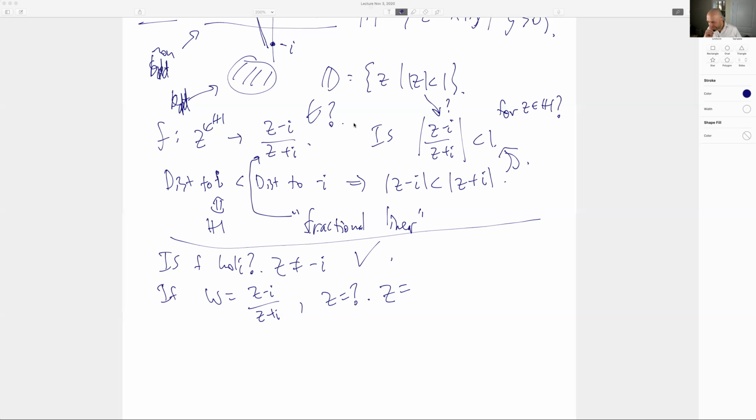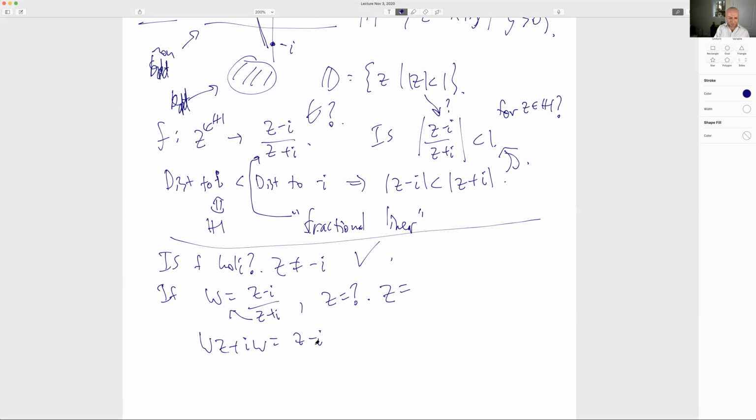Okay, perfect. Let me try to derive it in a slightly different way so that we see some other things. There are many ways of writing this inverse function. Let's just do it all together. It takes 10 seconds. wz plus iw is z minus i. I'm just multiplying this over there. I'll move the z's to this side, the i's to that side.